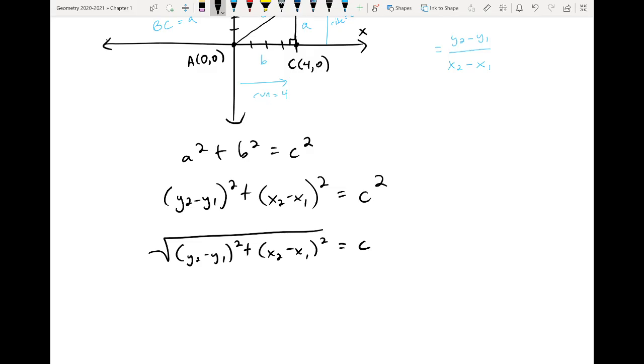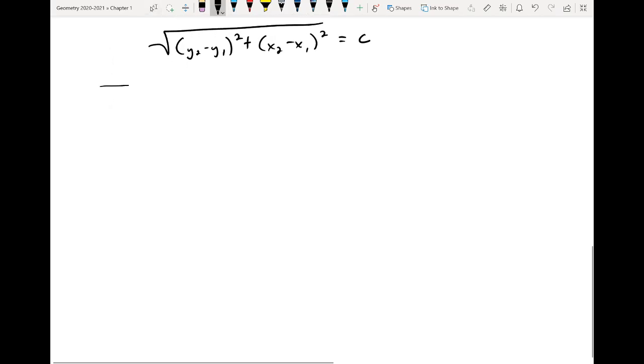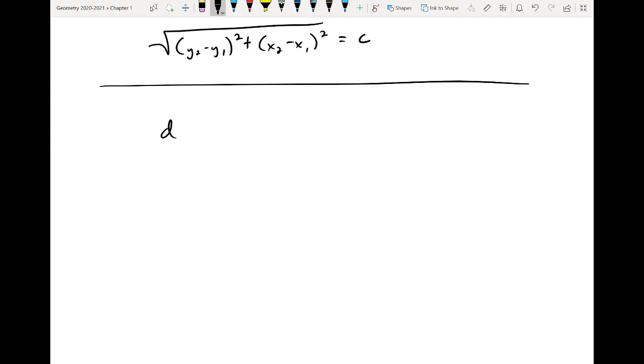Gentlemen, together we just derived what is called the distance formula. The distance, so the non-vertical and non-horizontal lines where we can't count, right? They look like diagonals, but it doesn't necessarily mean it's a diagonal. It's just what it looks like.